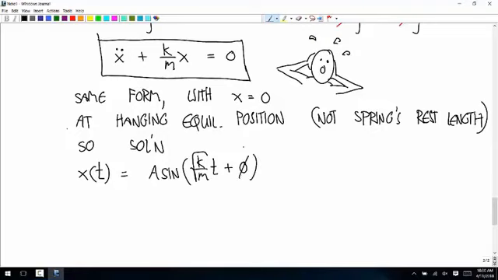And all of those mean the same thing they did before. And so the period is equal to 2 pi times square root of m over k. And so the frequency is equal to 1 over 2 pi times square root of k over m.